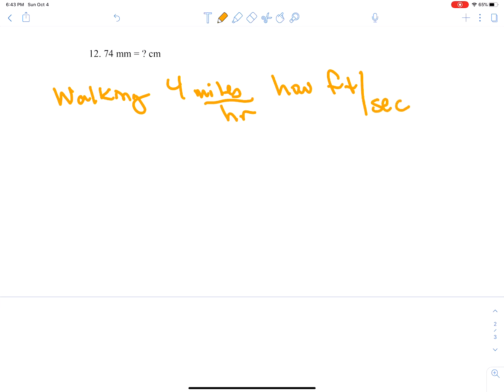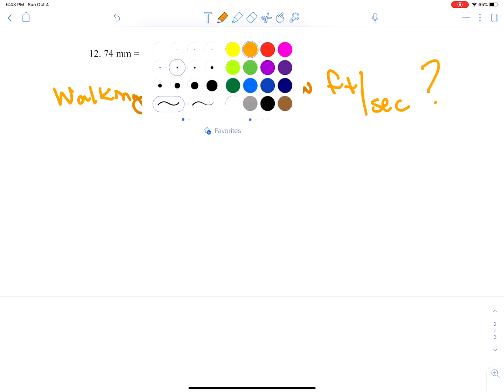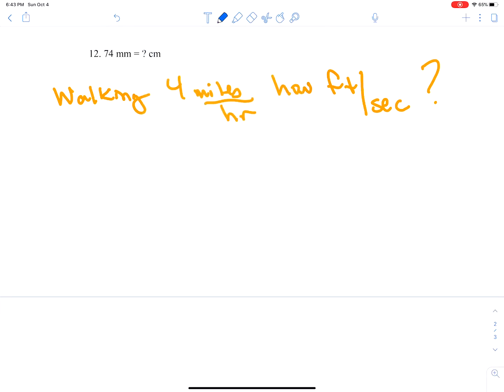So what's different is now we have 2 units. I have miles per hour, so this division line means per. These are both division lines. So miles per hour and feet per second.